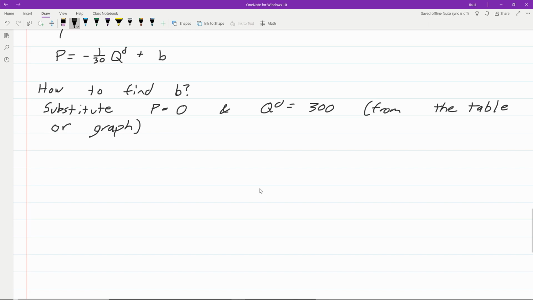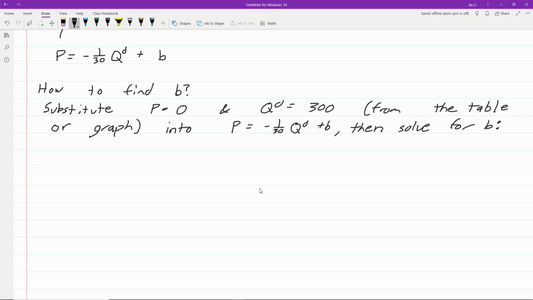So we'll substitute that into our equation here. P is equal to minus 1 over 30 times QD plus b. Then solve for b.